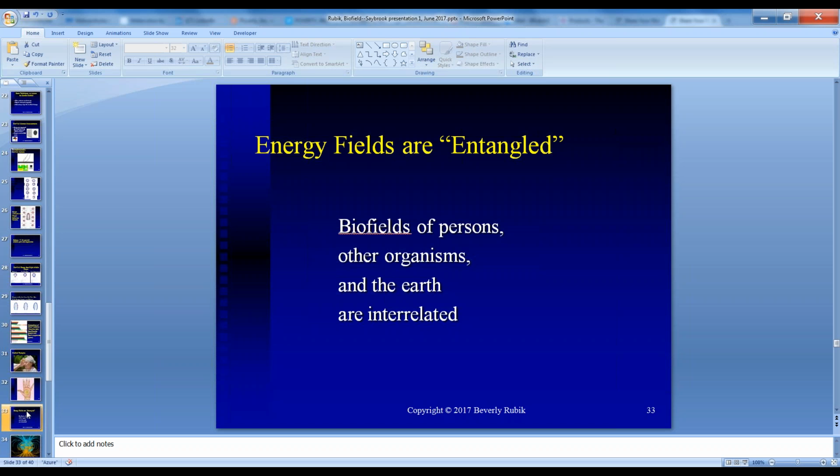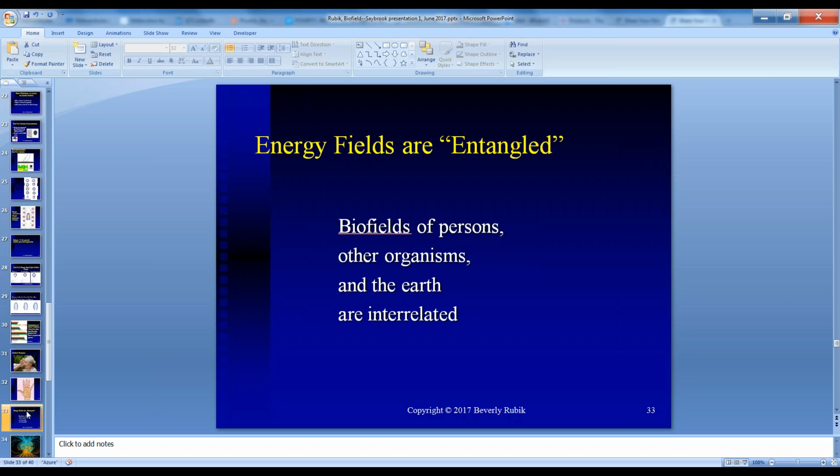So when we come together in groups, we're entangled energetically. We become interrelated. We stimulate one another, and that's the virtue of having a group meeting, which we will never feel, I'm sorry to say, in a virtual meeting like this. And it's a sad loss for this class because we can't have that experience of a group biofield. But you can do that on your own in your own groups, hopefully.